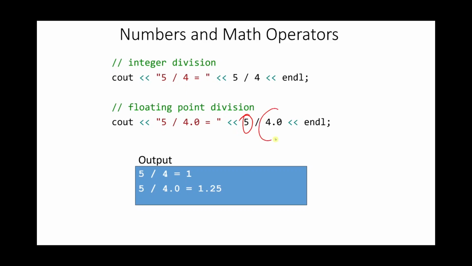Then I'm going to store this. This is a floating point number, and the default is double. Let's say it's storing that in a double type variable internally, and then doing the division. Int divided by double gives you double.